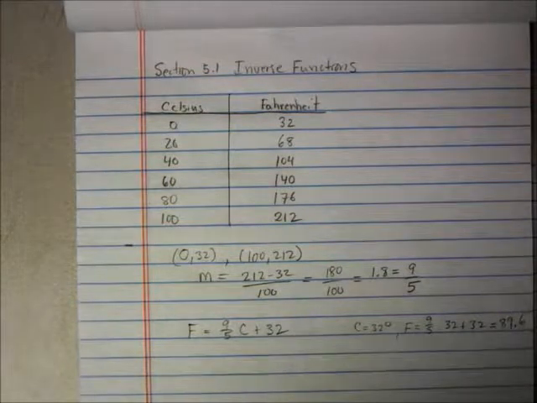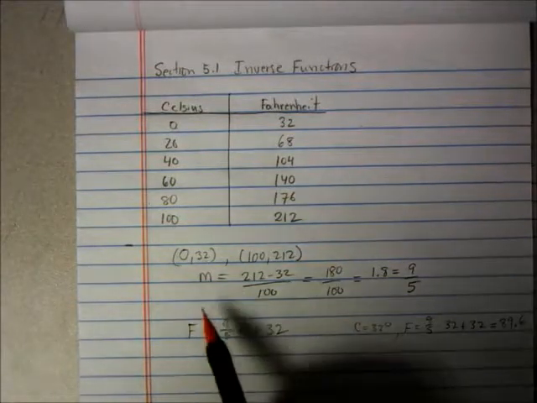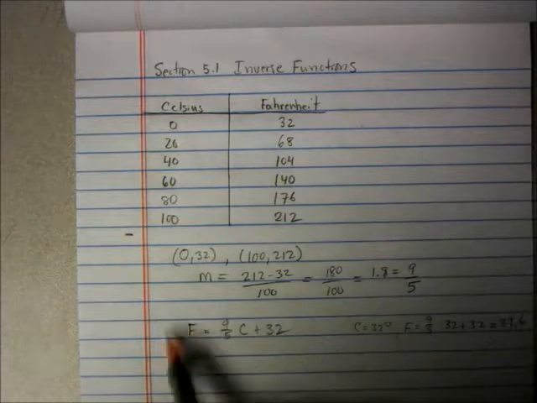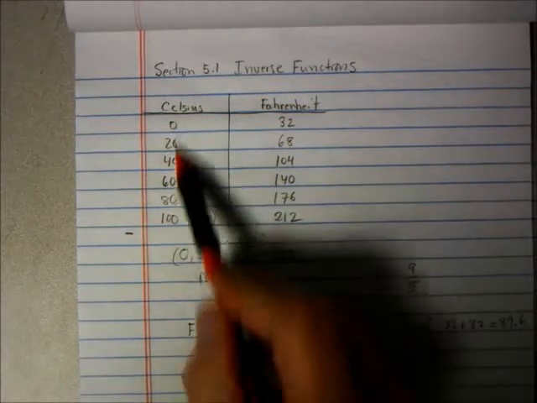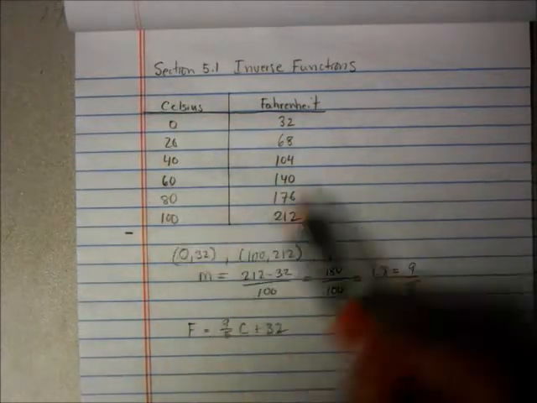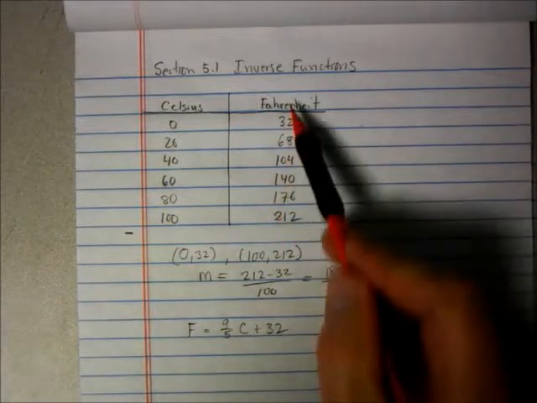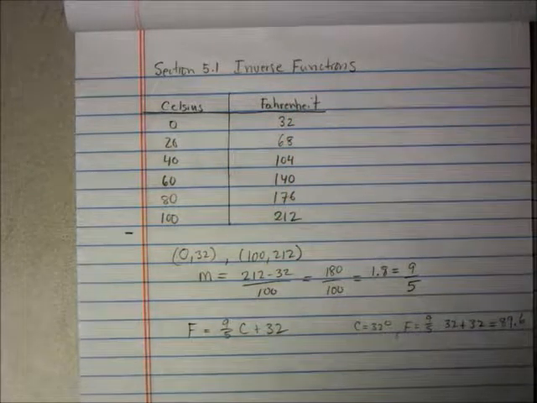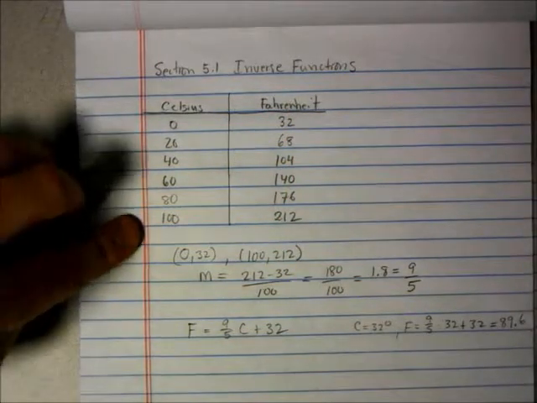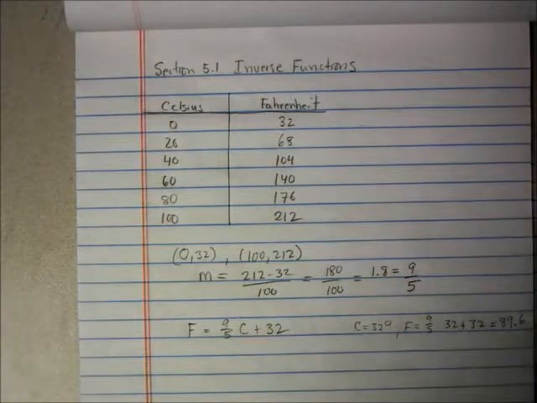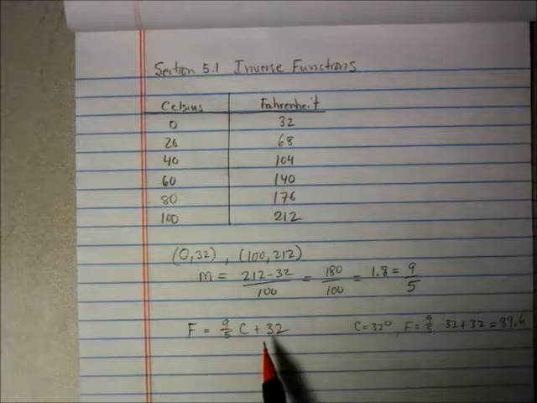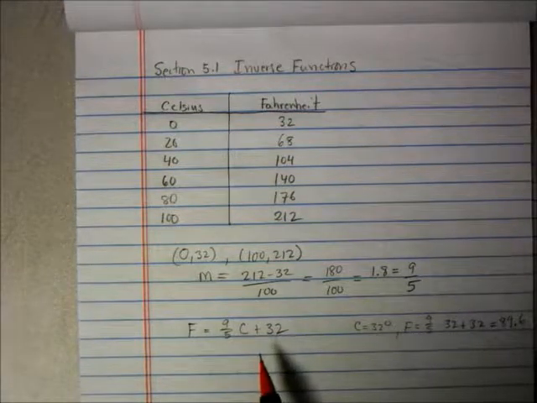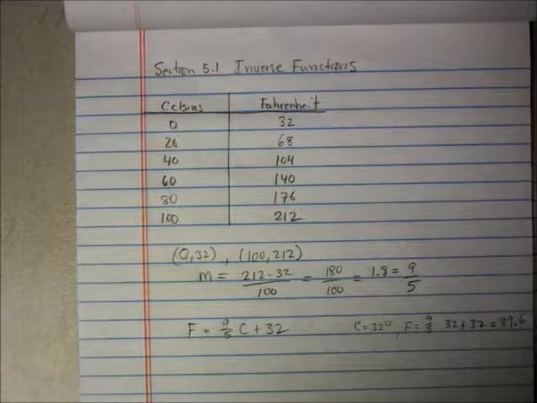Now, this function assumes that the Celsius temperature is our inputs, these are our x values, and the Fahrenheit temperature is our y values. Somebody visiting the United States from a different country would want these to be reversed. They would wake up in the morning and see that the temperature is going to be 50 degrees.